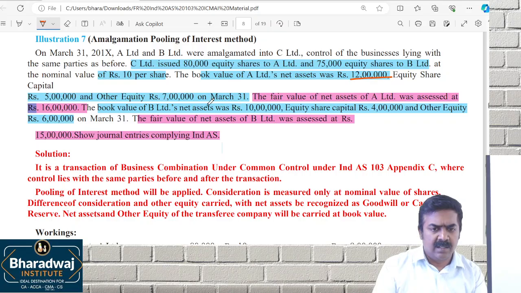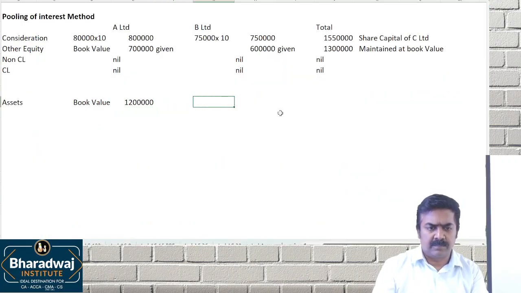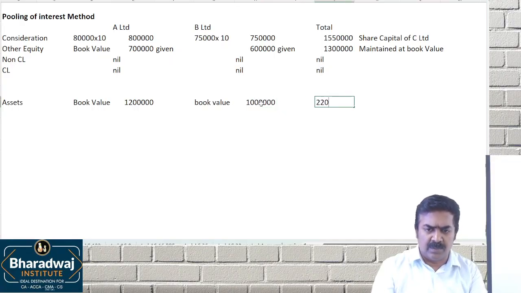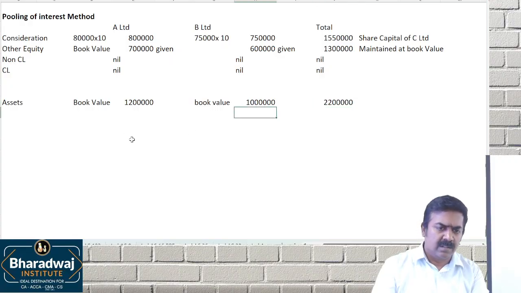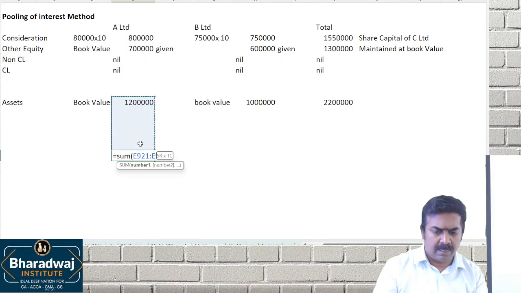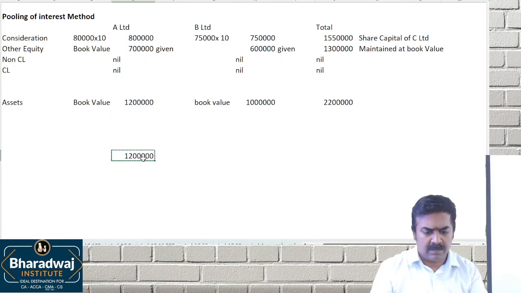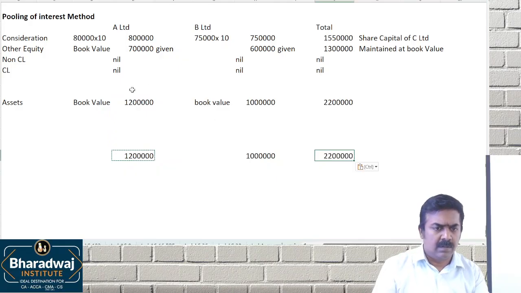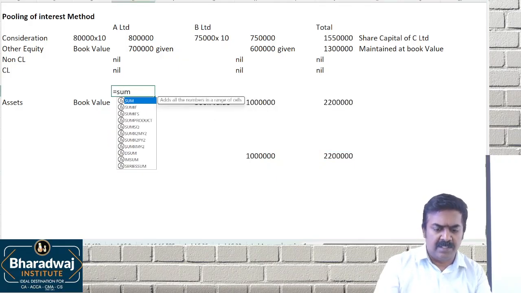12 lakhs. The other one is 10 lakhs. Ignore fair value. Ignore which one? Fair value. Total 22 lakhs. So we get the total of assets. We get the total of liabilities also.